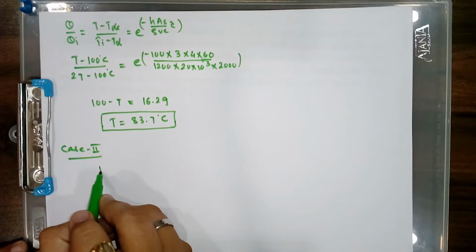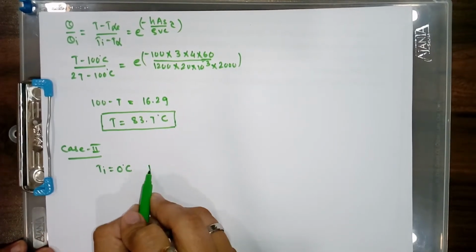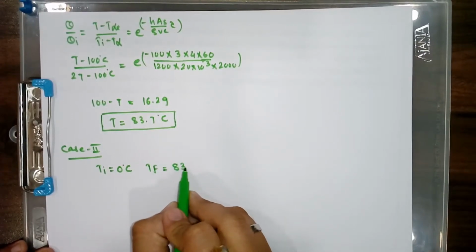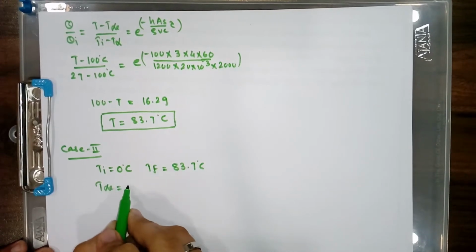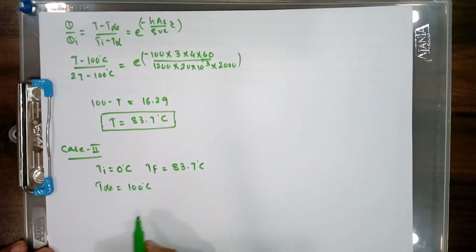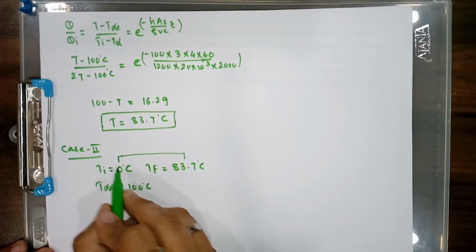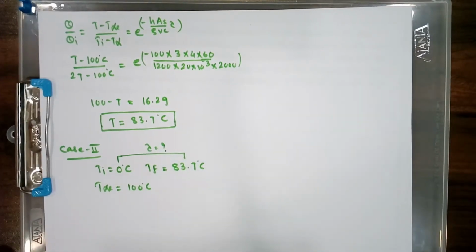The initial temperature in case 2 is 0, and the final temperature, which is the same as case number 1, is 83.7. The boiling water temperature or the bulk fluid temperature remains a constant 100, and from 0 to 83.7 we need to calculate the time required.